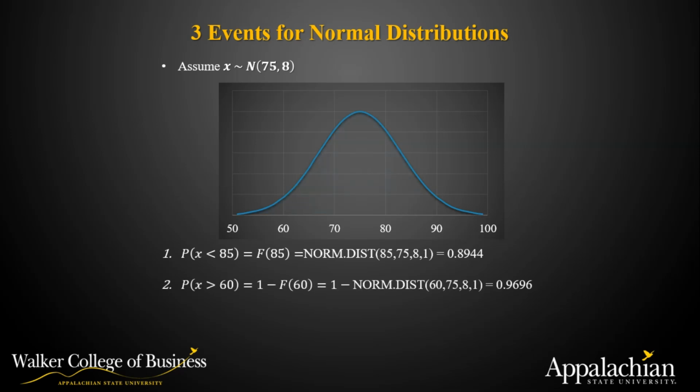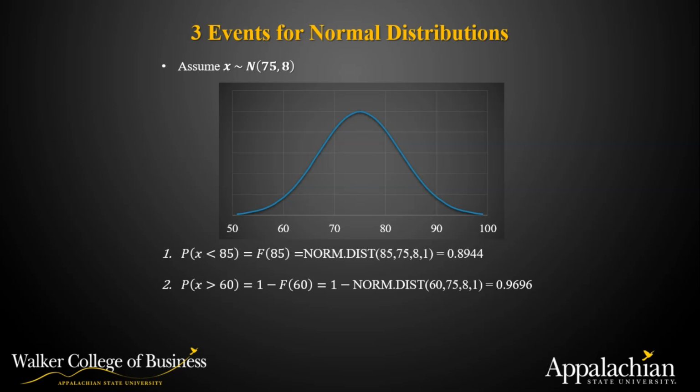Our second type of event is the chance that x is greater than some value. Again, we're going to use the example of the probability that x is greater than 60. As we saw previously, this is equal to 1 minus the CDF evaluated at 60.